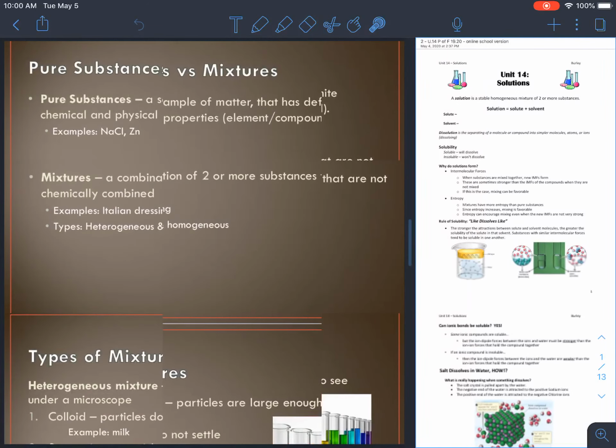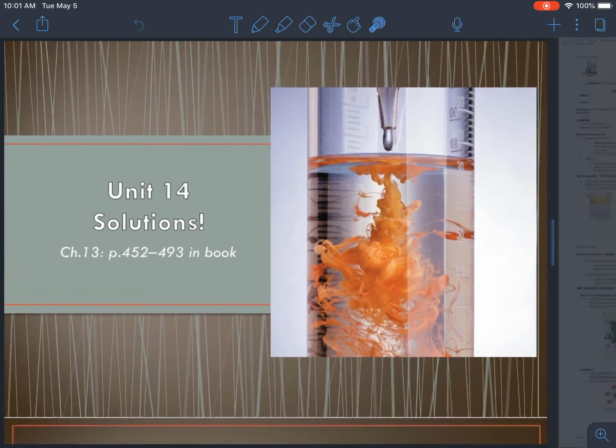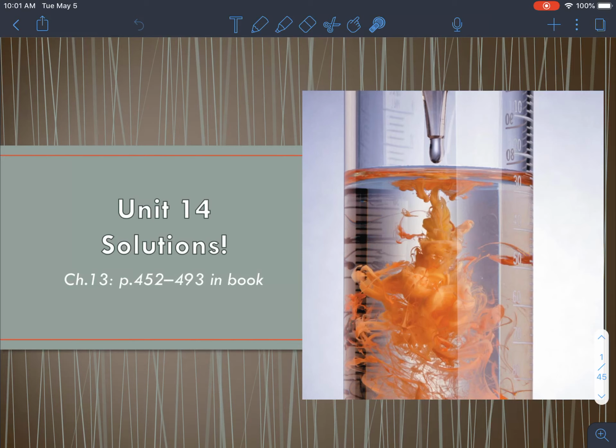So first up, our new unit is called Solutions, and I'm actually going to get rid of my packet for now. In this unit, we're going to be talking about when things mix and create a solution.